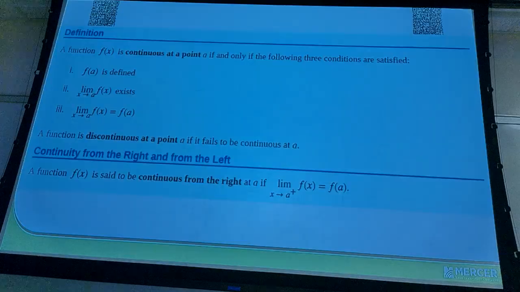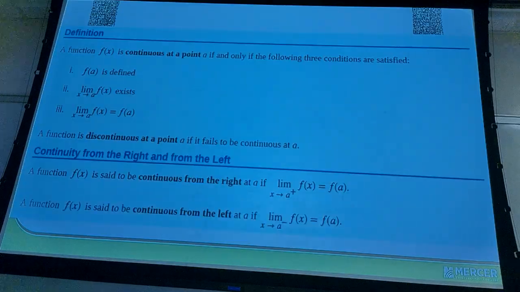A function is continuous from the right if the right-handed limit is f of a, continuous from the left if the left-handed limit is f of a.